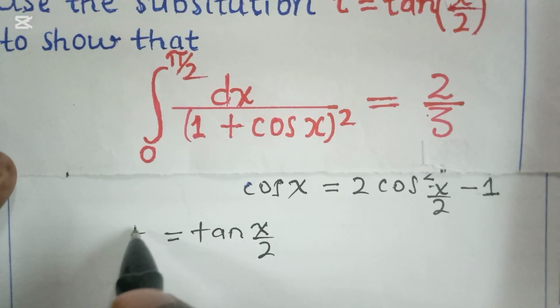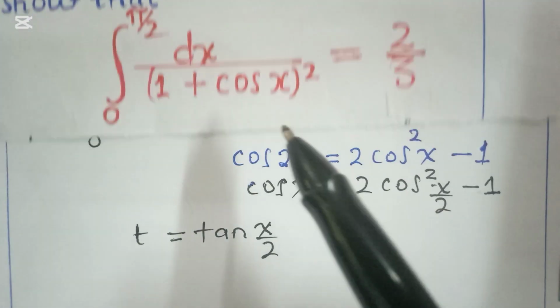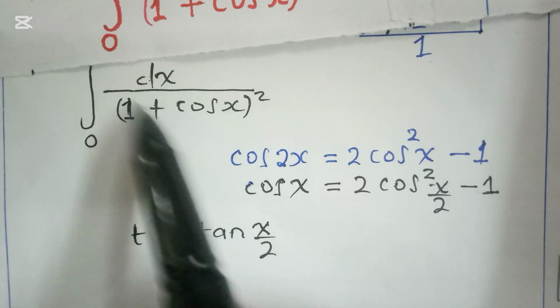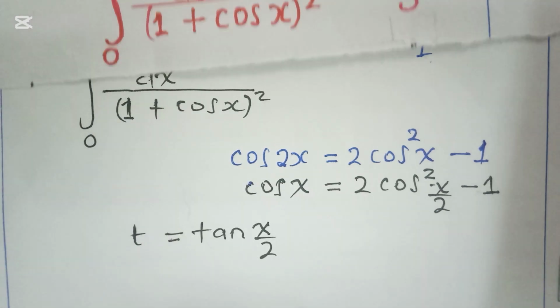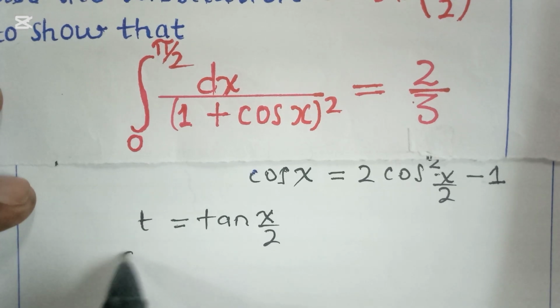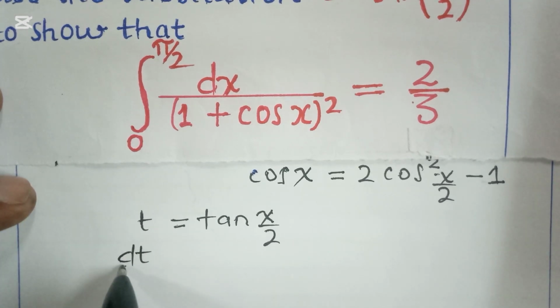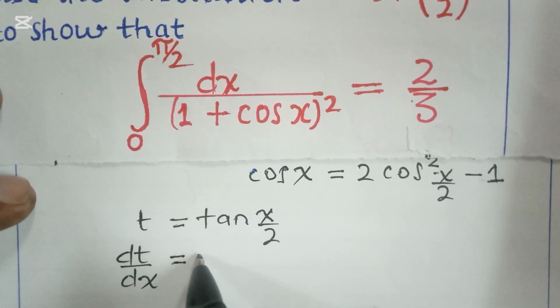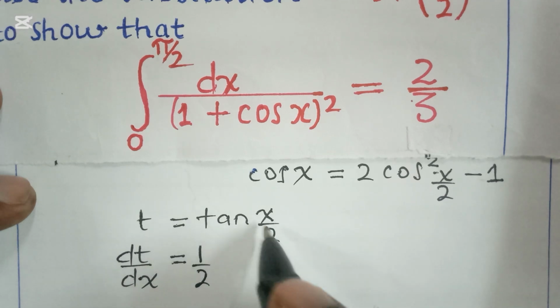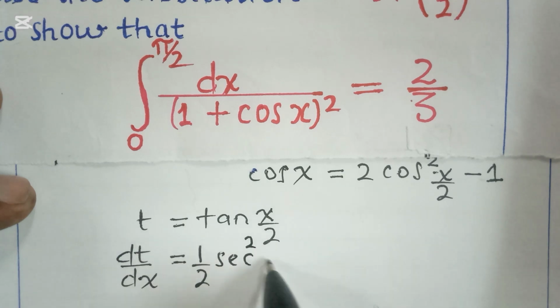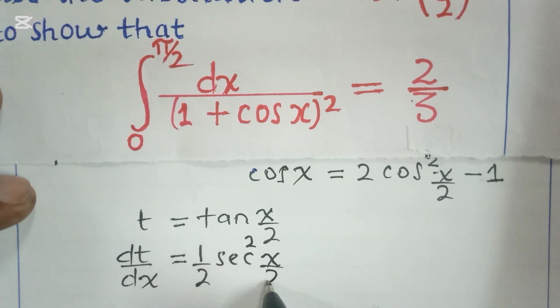Let me find my dt over dx, because here I will have to replace the dx with dt. So dt over dx gives us a half, because of this half, sec squared x over 2.